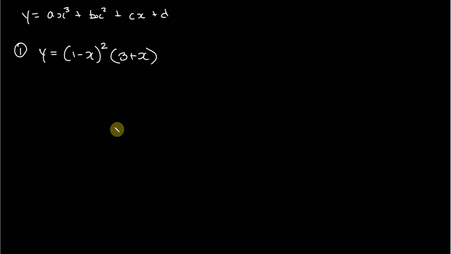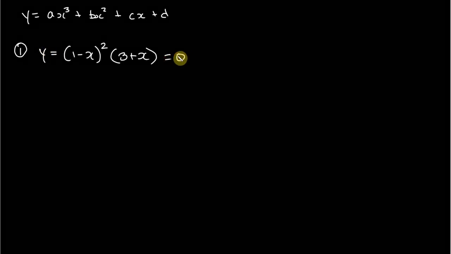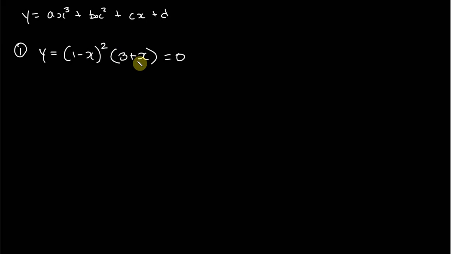Right, well the thing to realize right at the outset is that when we set y to equal 0, well x is just going to be 1 twice, and x is going to be negative 3.